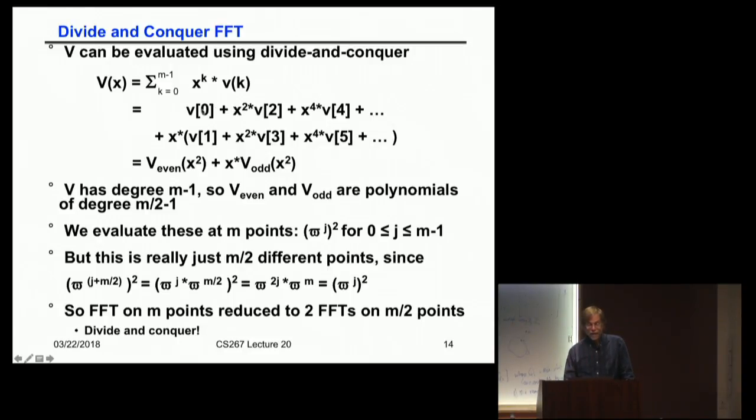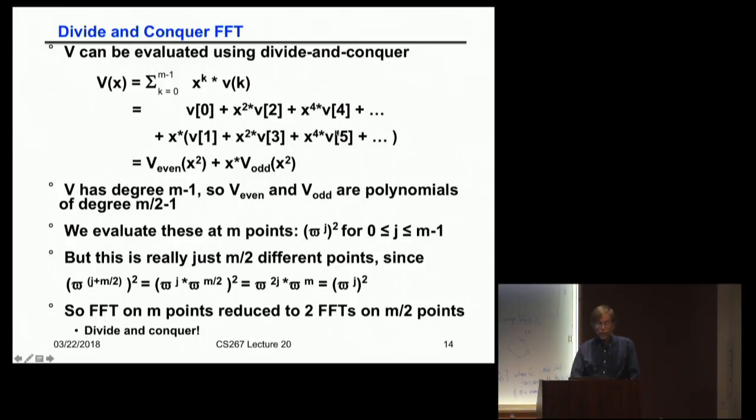I'm just going to take the even coefficients and the odd coefficients and put those together into two different polynomials. So here are the even coefficients, v0, v2, v4, and those are going to get multiplied by the even powers of x. And here are the odd coefficients. They all get multiplied by odd powers of x. Let me factor out x to the 1. They share that factor. And now, again, I get x squared, x to the 4th, and x to the 6th.